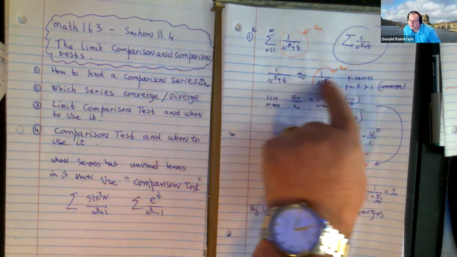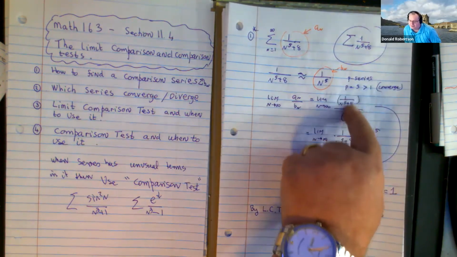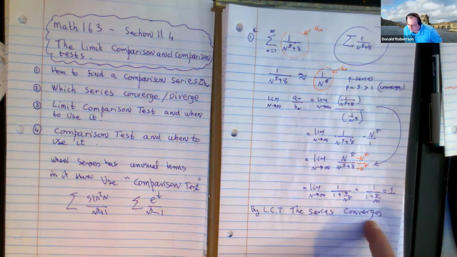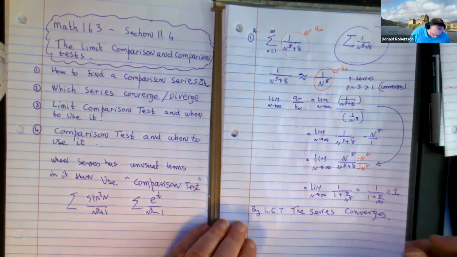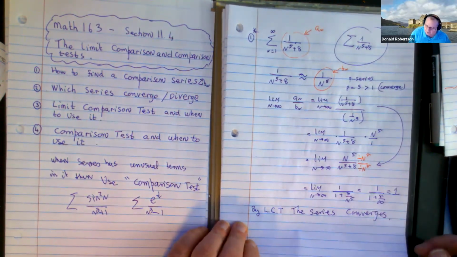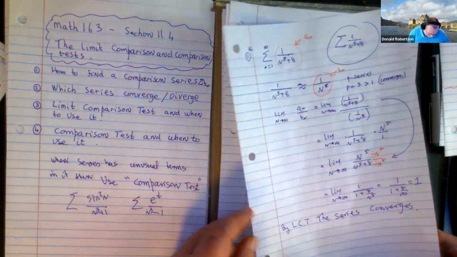People want to stop there, but this is the proof that you're allowed to get to the end that is acceptable mathematically. Are you comfortable with that question now? Limit comparison test. That was one of the simplest ones you can do.